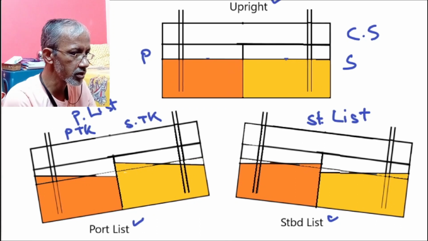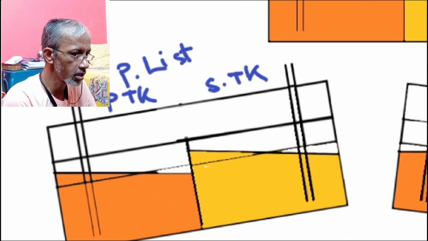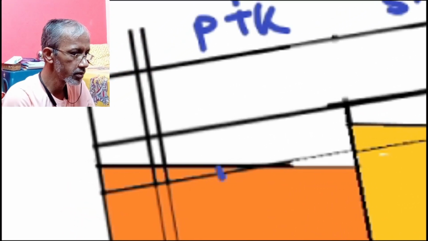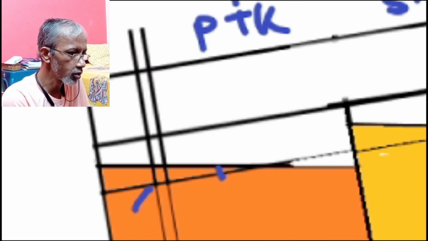In this case, for the port side tank, the center line is somewhere here, and the sounding pipe is towards the outboard side. That's why on the ship being listed towards the port side, the sounding has increased from this position to this position.